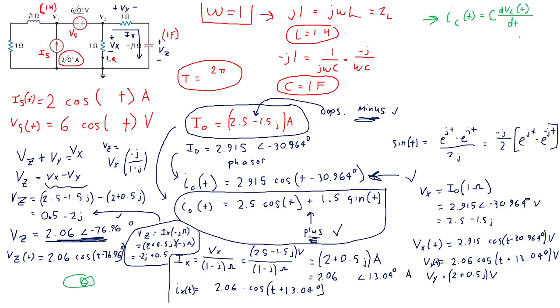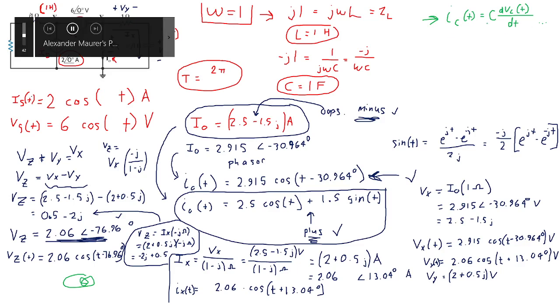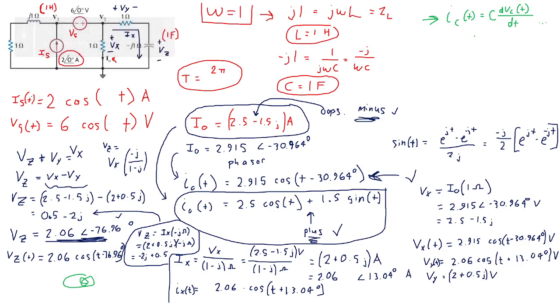So we get our Vz, who has a different phase angle than the current does. Vz is the voltage in our capacitor. Ix is the current in that capacitor. Okay. What's the difference in phase?